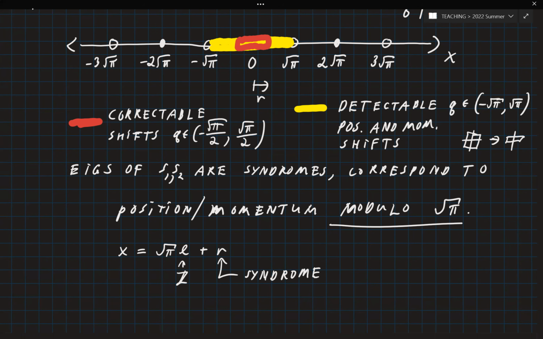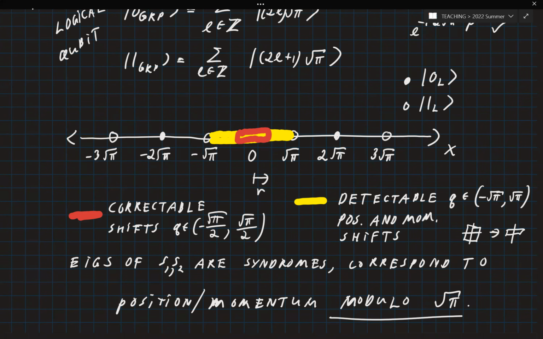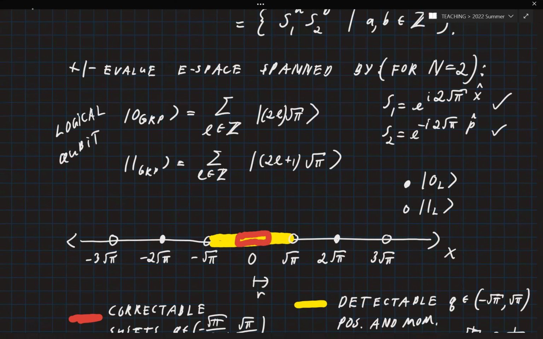If you upgrade this position space to the phase space of the oscillator, namely you plot the position as the x-axis and the momentum as the p-axis, then you get a 2D plane where S1 and S2, these stabilizers, correspond to generators of translations in this 2-dimensional lattice corresponding to the code.